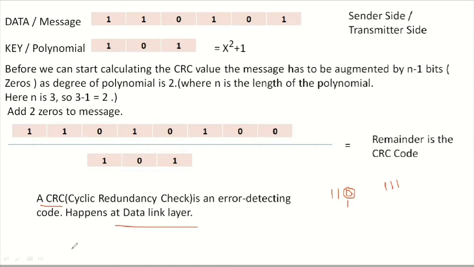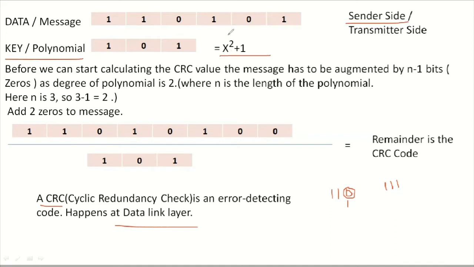We'll be doing a polynomial division with the original data divided by the polynomial. Say the original data is 110101, and a polynomial will be generated. So there will be a generator algorithm at the sender side that will generate a polynomial.